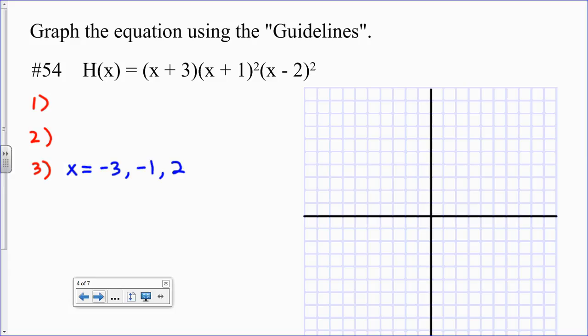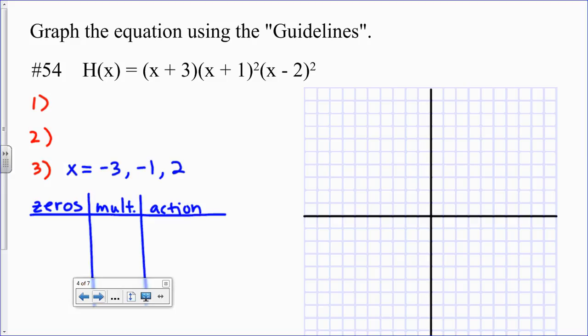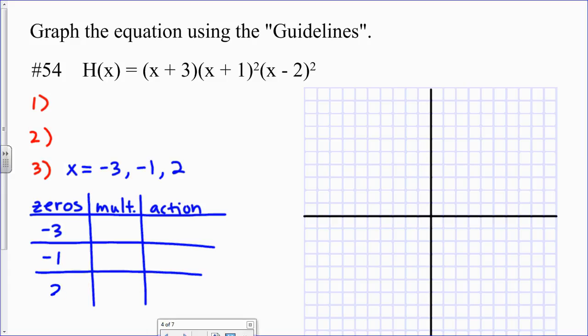Okay? Negative 3, negative 1, and 2. What's the multiplicity of negative 3? 1. What's the multiplicity of negative 1? And positive 2, I mean?